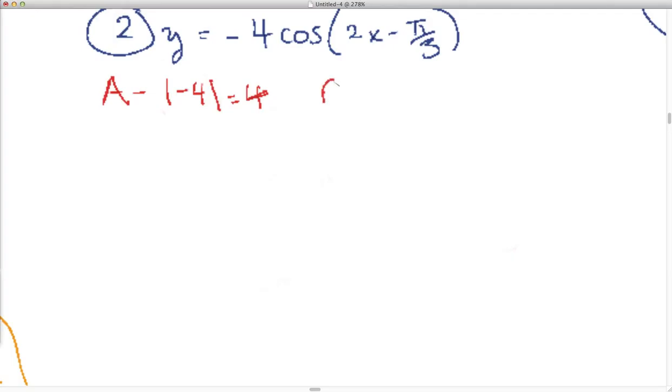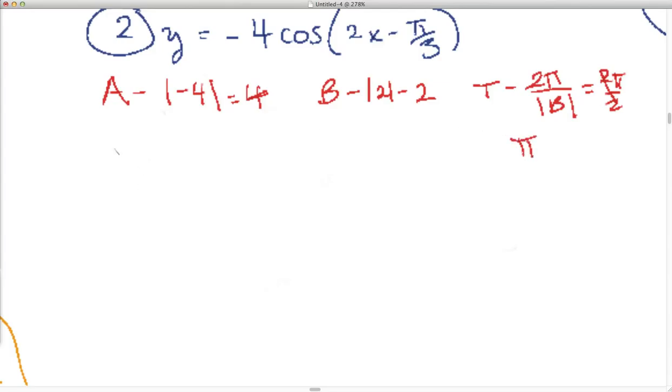And then the frequency is the absolute value of the coefficient of your x. And the period is 2 pi over the absolute value of the frequency, which in this case is 2 pi over 2, which the 2's cancel and you get pi.